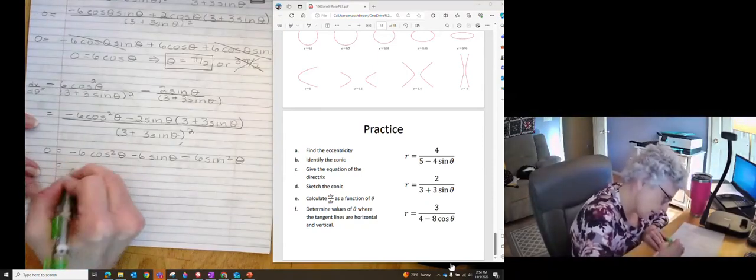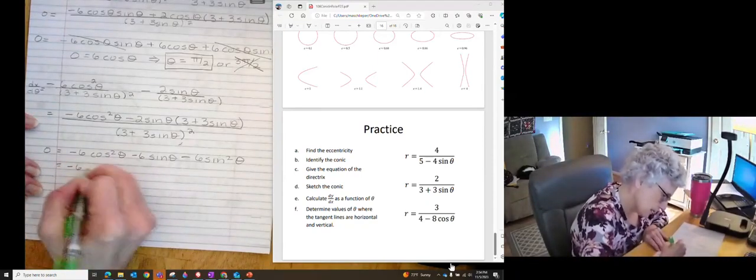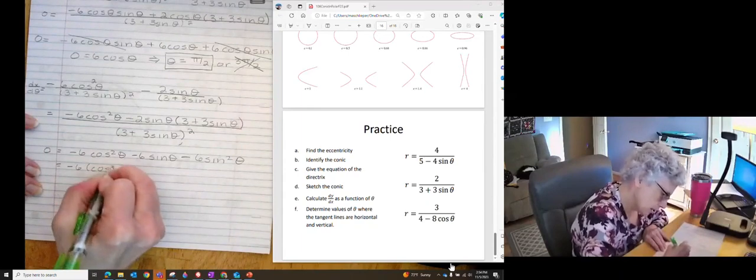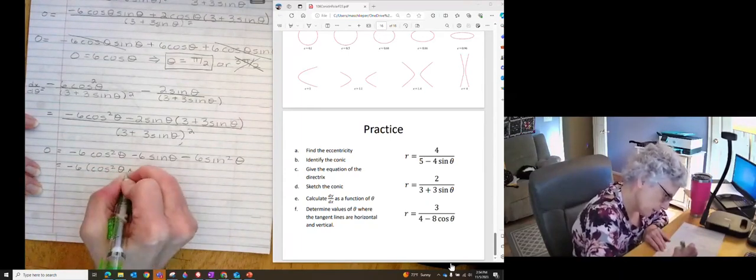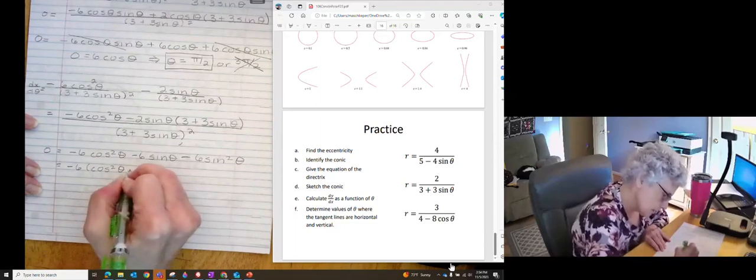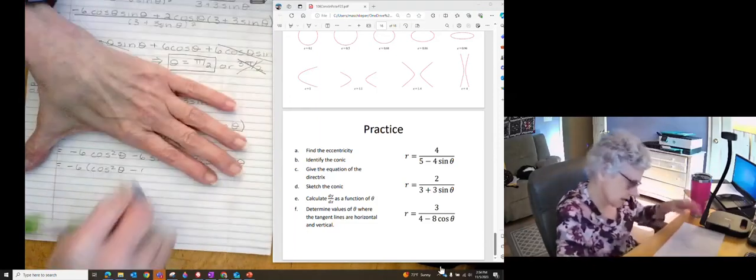So now I have minus 6 times cosine squared theta minus 6 sine squared theta.